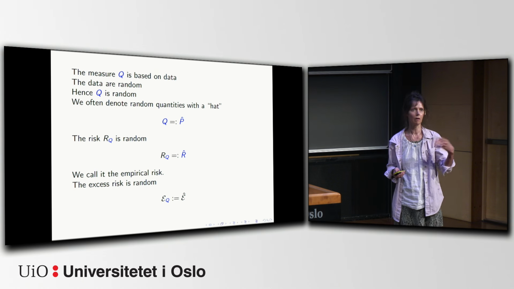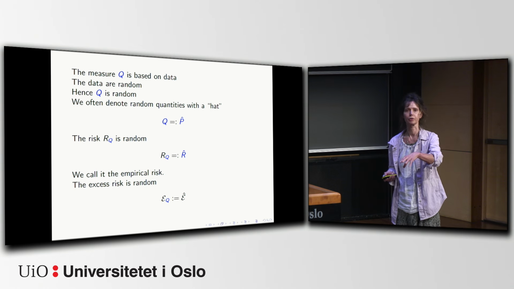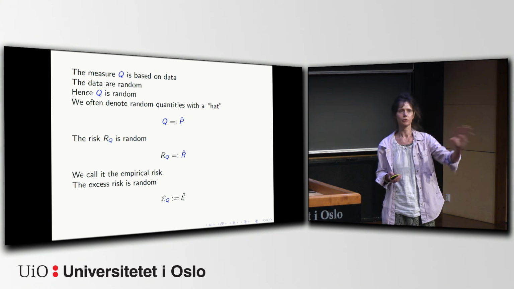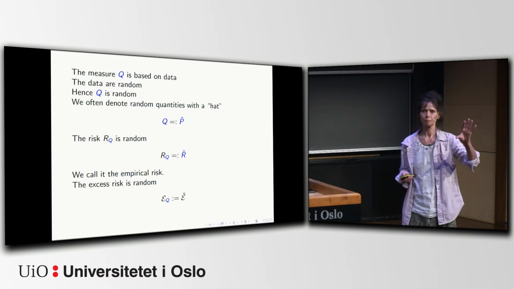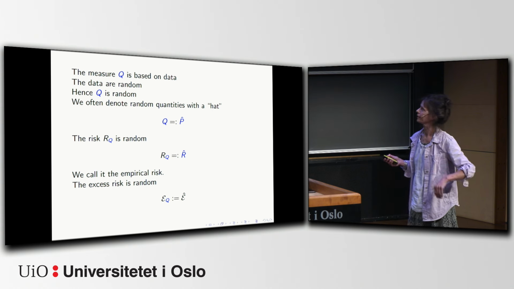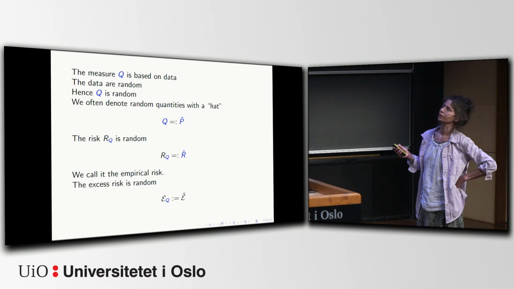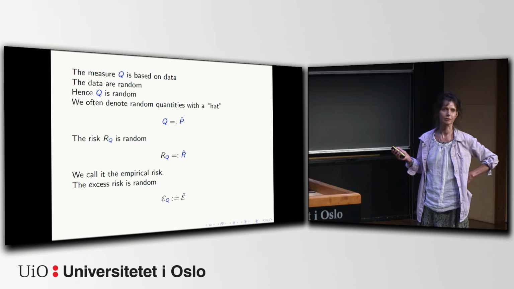That means they are fluctuating. If you ask this person about the future and another person, they will give different answers. So it's something not very certain, okay? So you have your data which are random, and that means if you base your probability measure on random data, it is a random probability measure, okay?